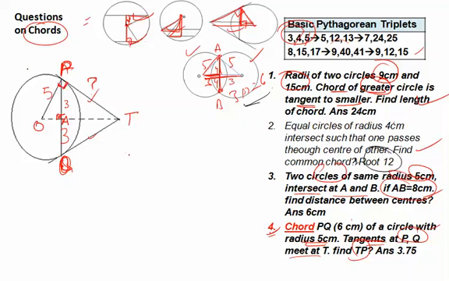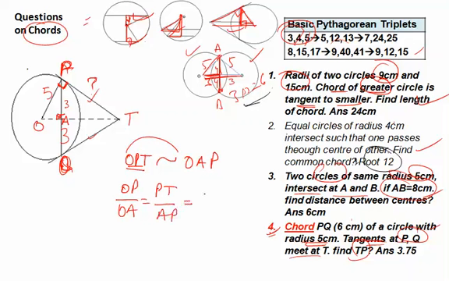So triangle OPT is similar to triangle OAP, with corresponding parts: O is O and P corresponds to A. So OP divided by OA is equal to PT divided by AP, which is equal to OT divided by OP. Put in the values.